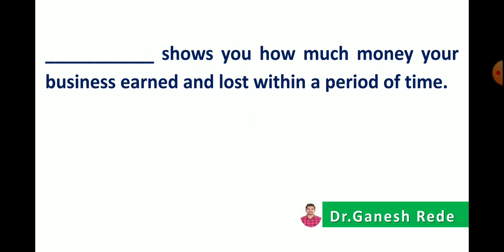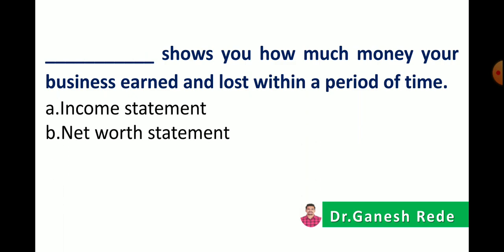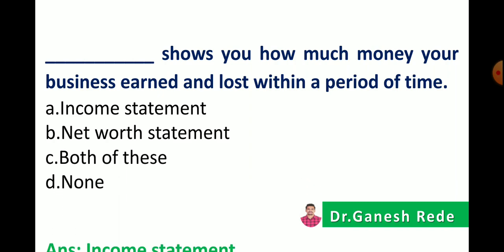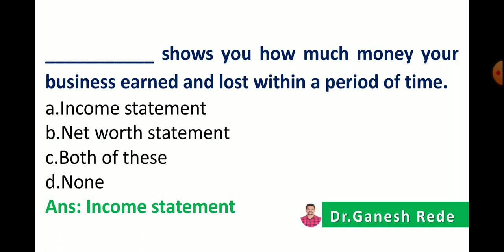The next, dash dash shows you how much money your business earned and lost within a period of time: income statement, net worth statement, both of these or none of these. The correct answer is that the income statement shows you how much money your business earned and lost within a period of time.